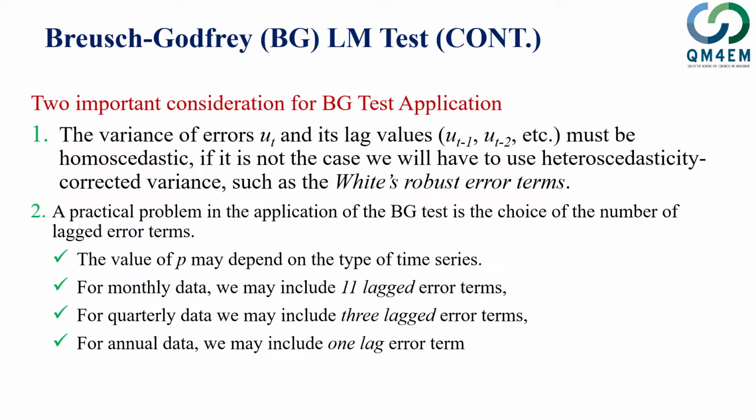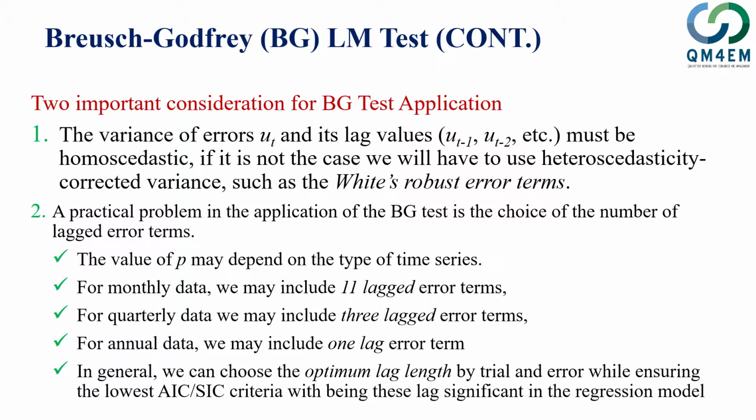However, this is just the guideline. In general, what we do is try a number of tests on a trial and error basis. We find the optimum lag value while ensuring the lowest AIC or SIC criteria and also the level of significance of the error terms in the model in which the residual is regressed on the explanatory variables and the error lag values.